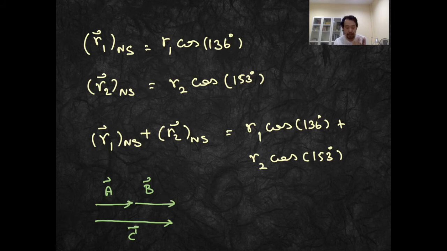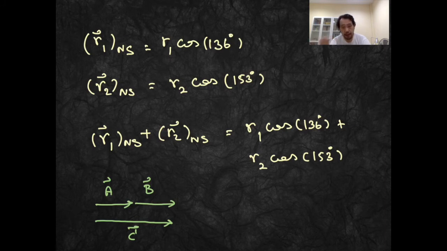And when we add these two magnitudes and it has a positive value, it means that it points along the positive direction that we define.